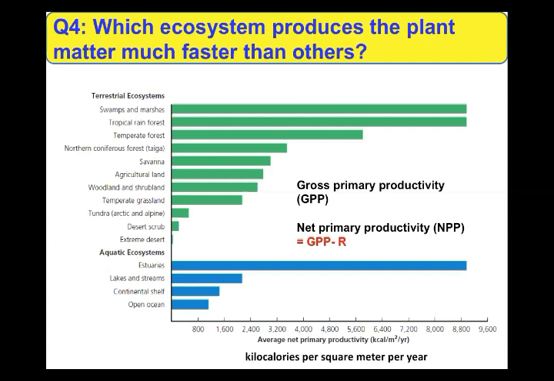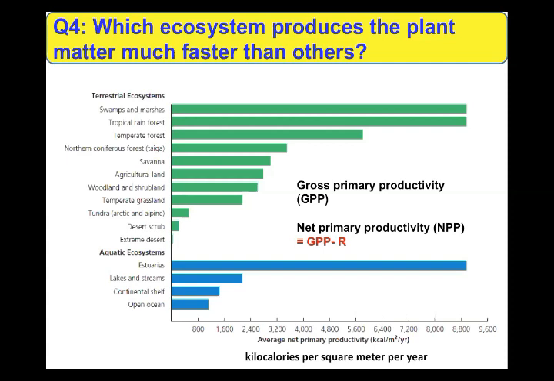They have to utilize part of the energy they produce. The remaining energy is given to us, to the primary consumers, the herbivores, the humans, and any other animals which depend on the producers. What we get is the net primary productivity, NPP.